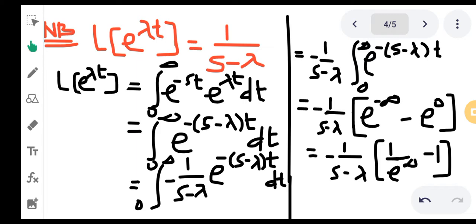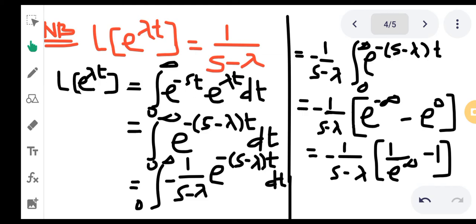This is an exponential function, and this is an exponential function. They are multiplying, and the law says when we have two exponential functions multiplying, you just add the exponents.